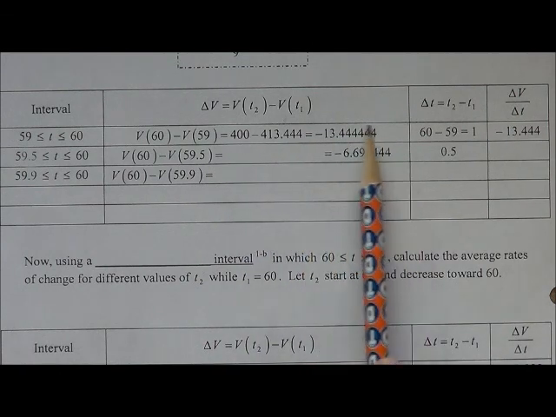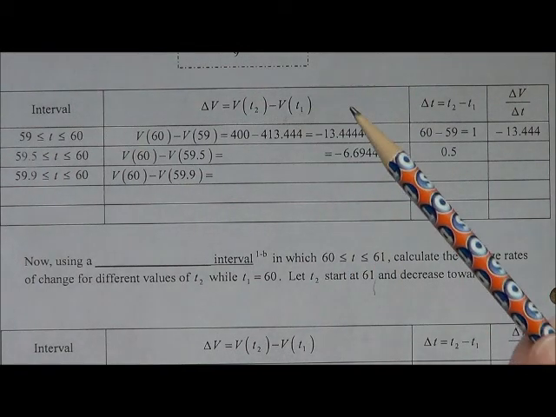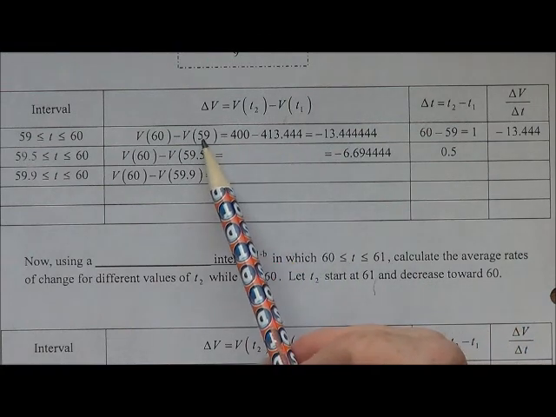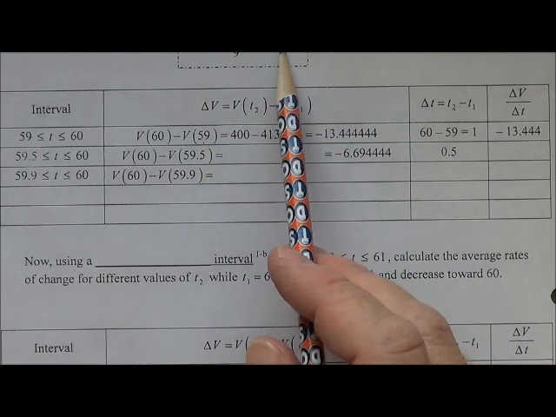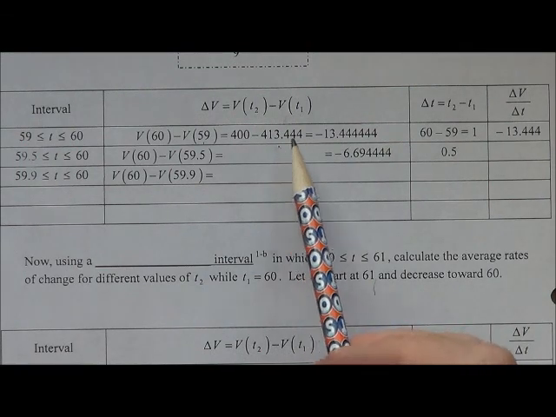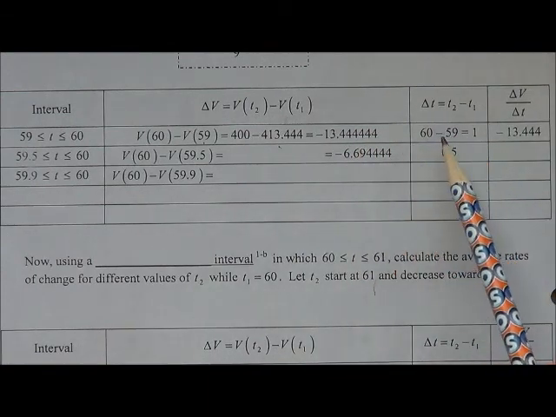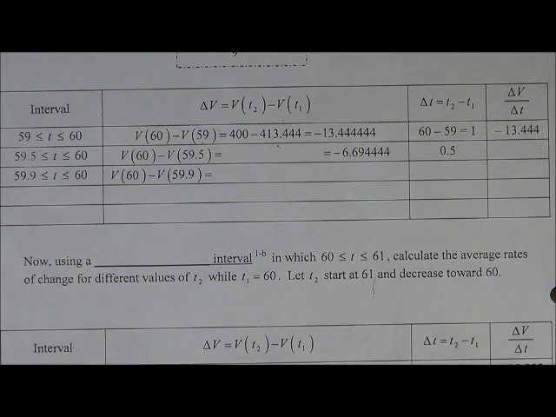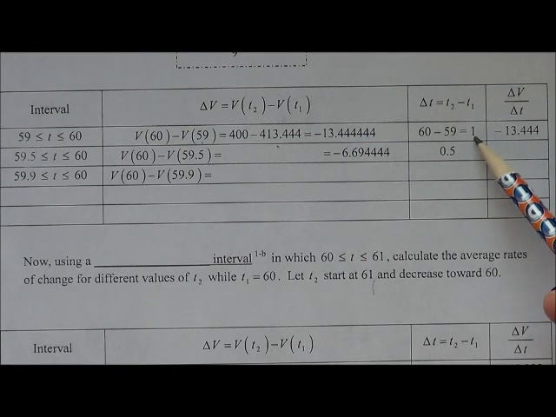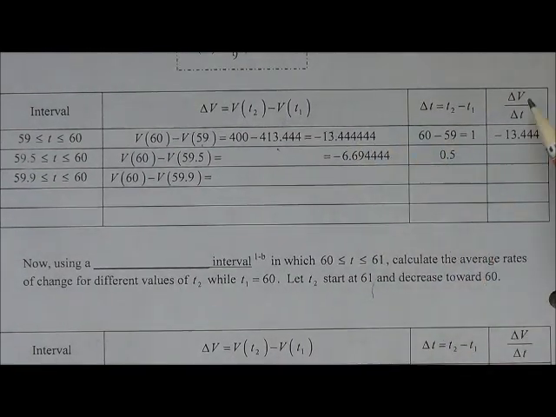The more decimal places you hold in these steps, the better for accuracy. So we substitute 59 into t here, calculate that, and get 413.444, and then we subtract and get negative 13.44444, and we get 60 minus 59 for delta T. Then when we divide them, negative 13.4444 divided by 1 gives us negative 13.444.